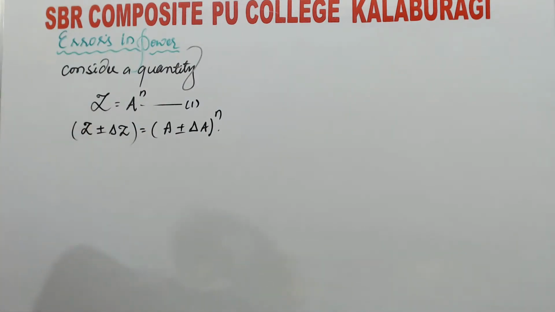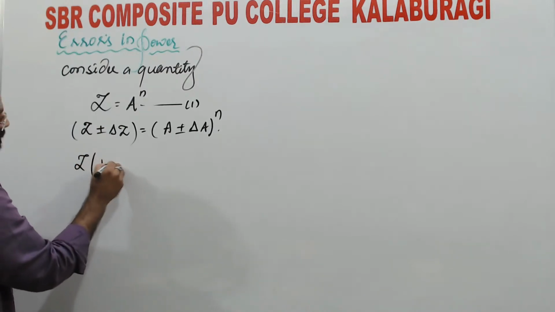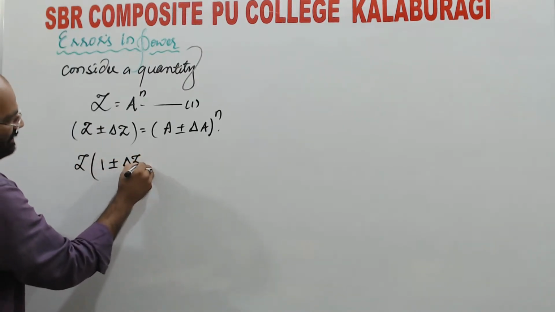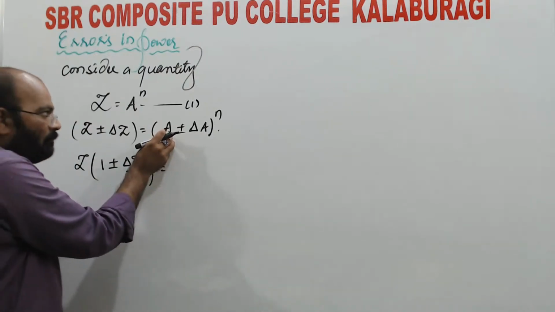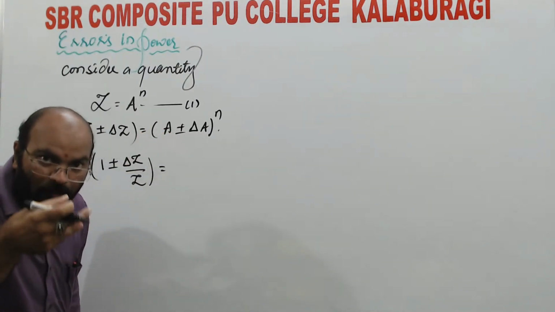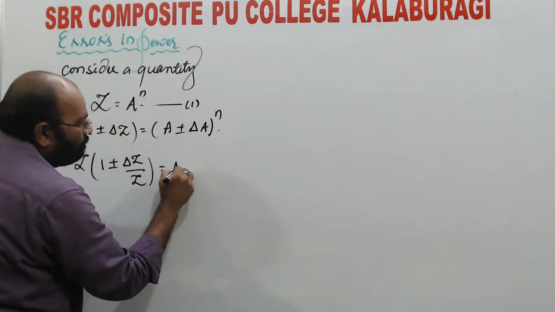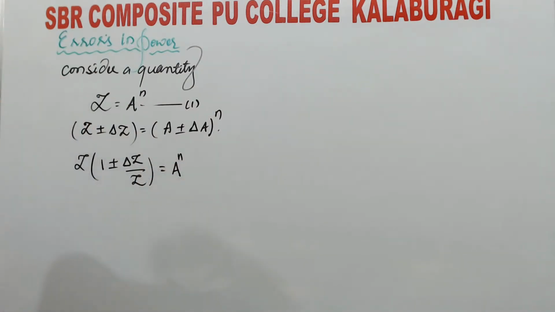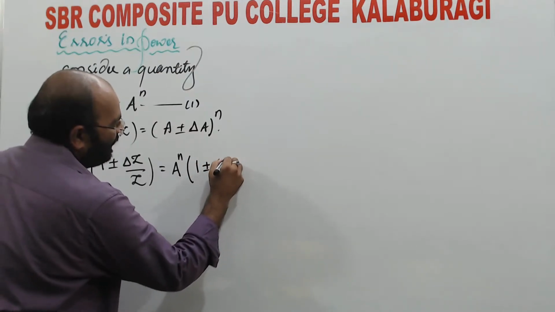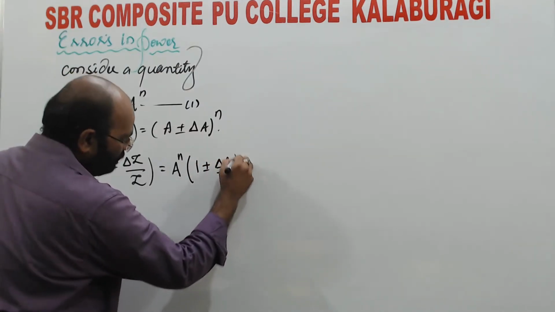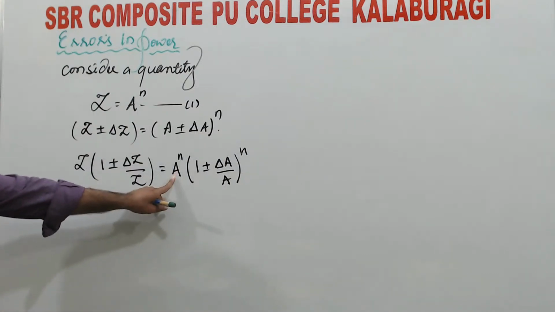Take Z as a common, here a as a common. What you get is Z common, 1 plus or minus delta Z by Z, equals a. Remember, we can't take a separate common because the power is there. You take along with that a to the power n into the big bracket 1 plus or minus delta a by a, whole to the power n. What is a raised to n?